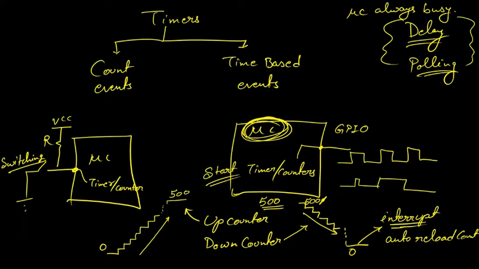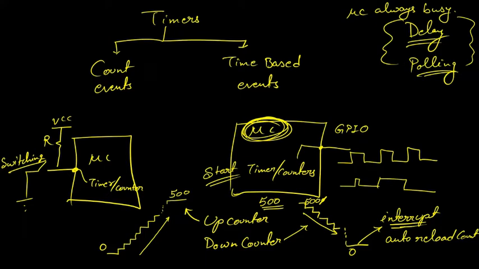So this way the microprocessor or the microcontroller is able to focus on other tasks, other devices, other peripherals, and leave the timing related jobs to the timer. And of course, when the timer reaches its terminal count, it will inform the microcontroller that I have reached the terminal count.